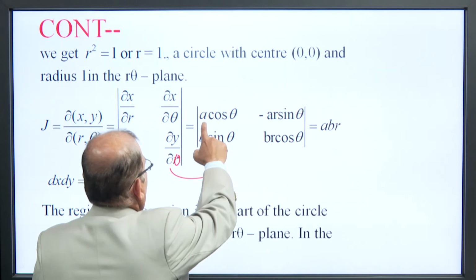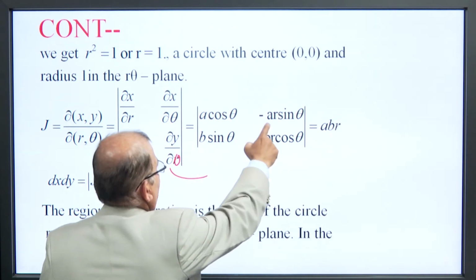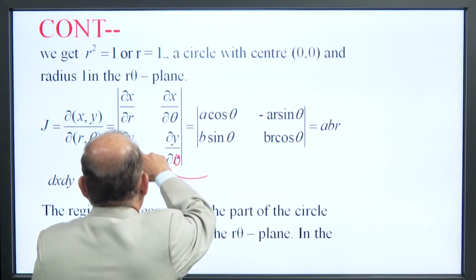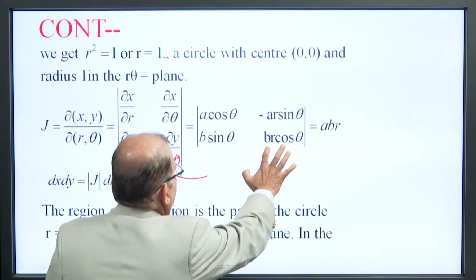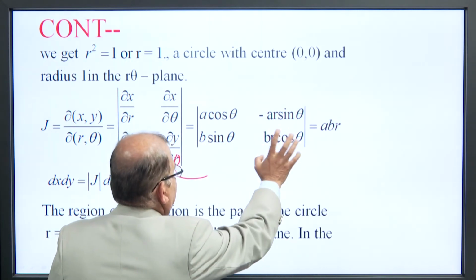Del x by del r is equal to a cos theta, del x by del theta is equal to minus a r sin theta, del y by del r is equal to b sin theta and del y by del theta is equal to b r cos theta.